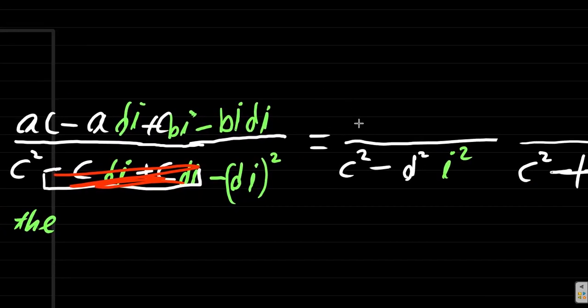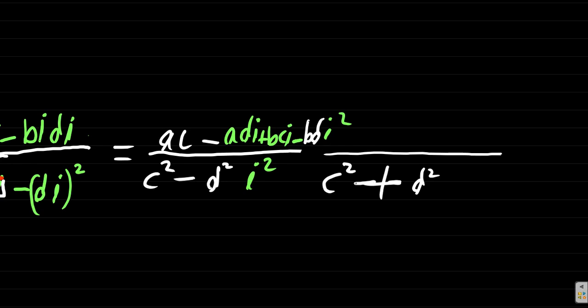So what you have is going to be AC minus ADI plus BCI, then minus BD I squared. You see how the I squared comes in? I times I right here.